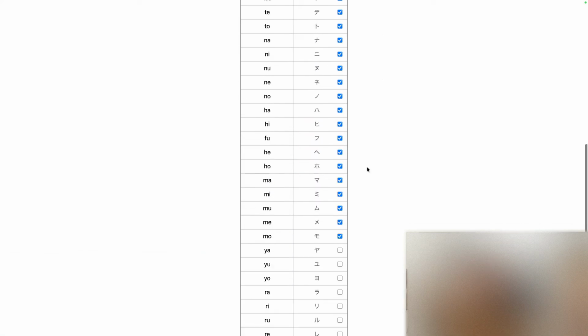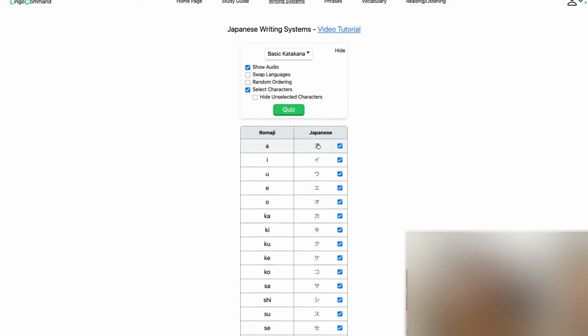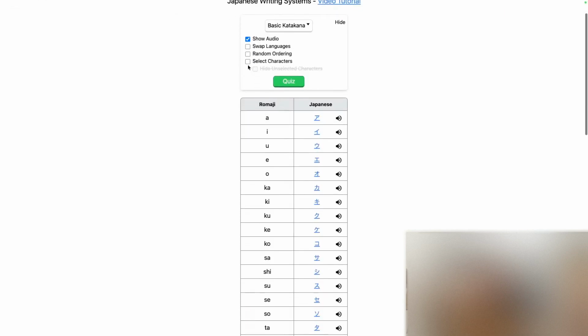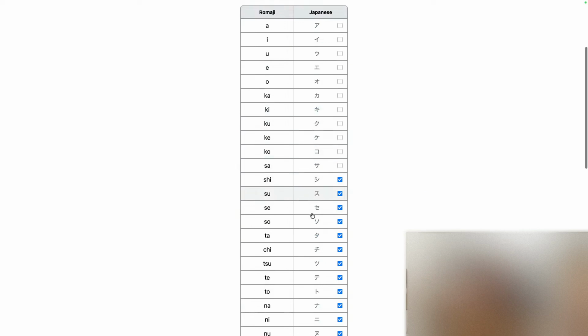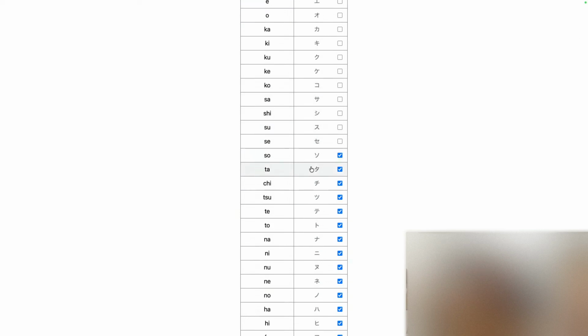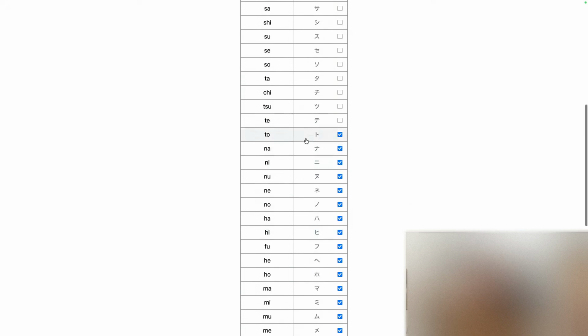Sure, I can just keep adding more characters, but instead I think if I refresh the page, oh, it actually maintains these, which is good. We'll just remove all of these. Won't take too long.